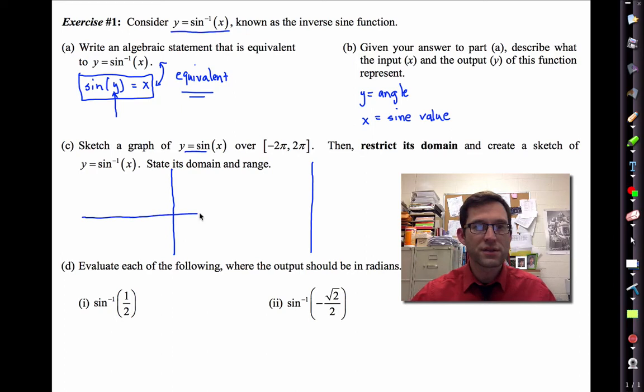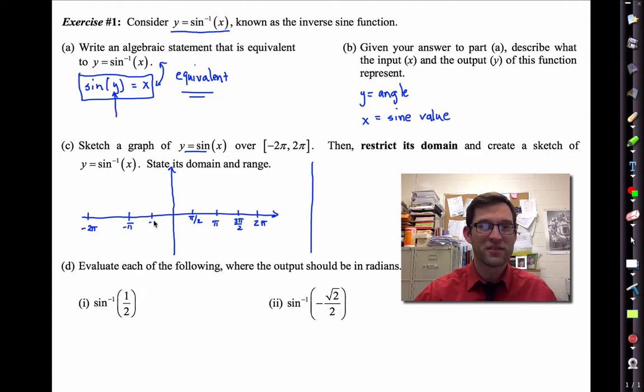Okay, so we'll do our typical negative 2 pi, negative pi, pi, 2 pi. Of course, we've got our pi over 2, our 3 pi over 2. Sorry, it takes me a little bit to dimension these. Negative pi over 2 and negative 3 pi over 2.